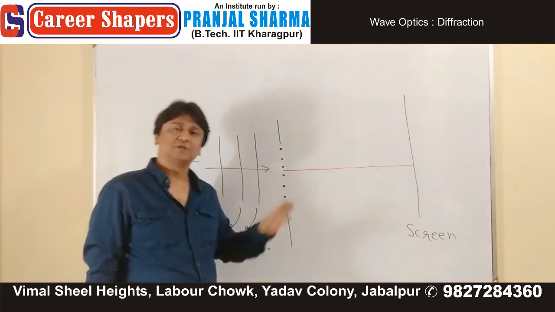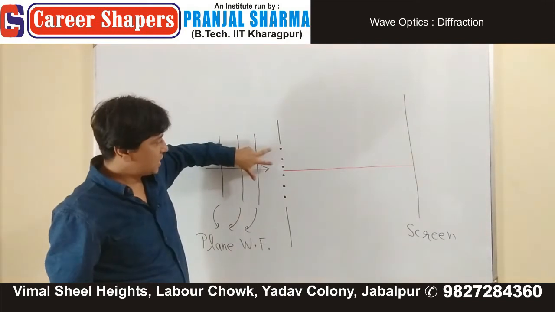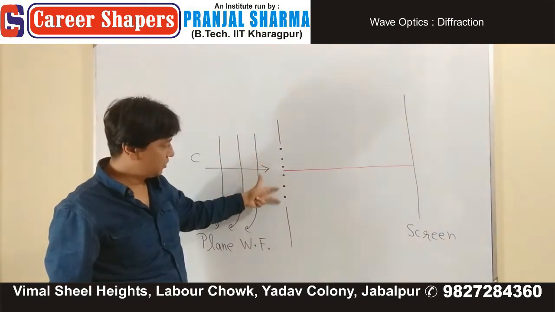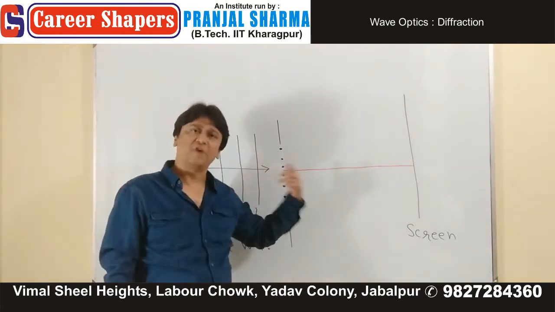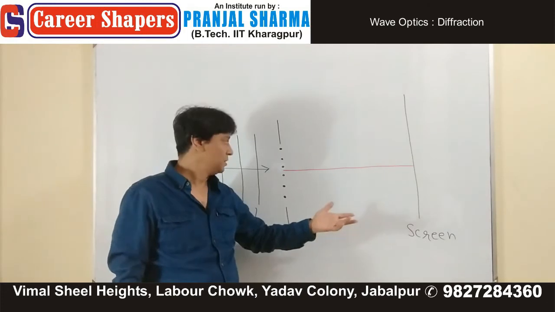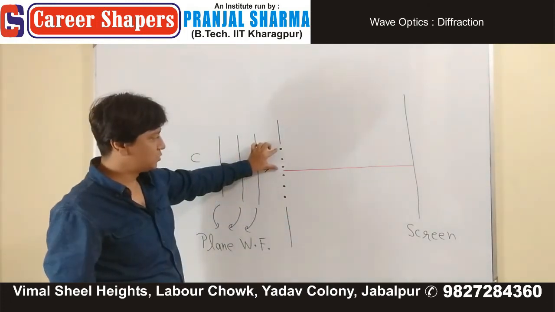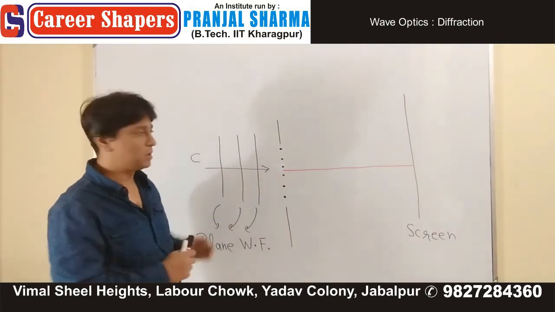Just have patience and everything will be clear. So let's say there are 3 in the upper portion and 3 in the lower portion. There are many, in fact infinite, but for your understanding, let's say there are 3 secondary sources in the upper region and 3 in the lower region.